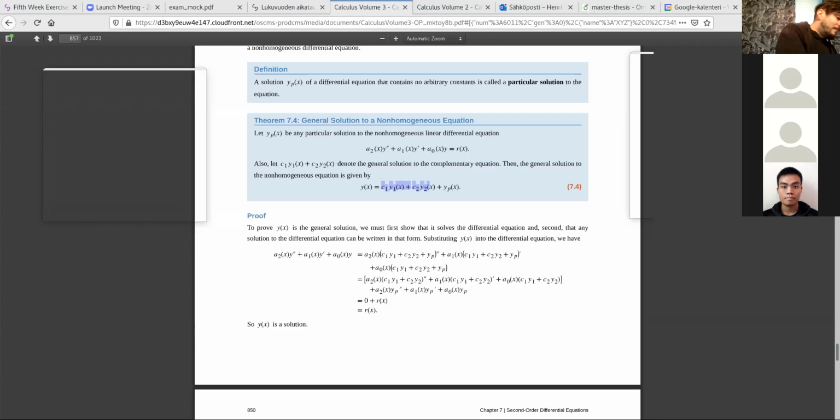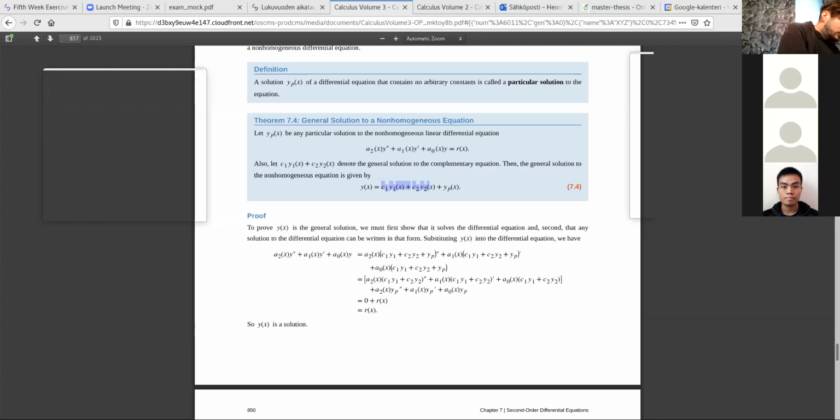So let's say that we have Yp that satisfies it. This is Yp. And let's say we have Yq. Let's say both satisfy the equation EQ(y) = R(x), right? So both of these, Yp and Yq, satisfy this equation, the non-homogeneous version.